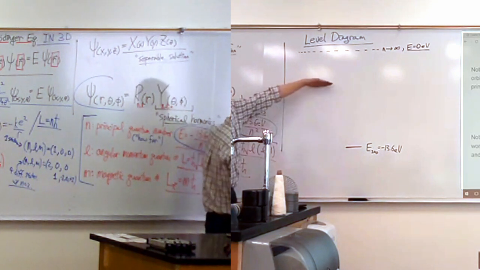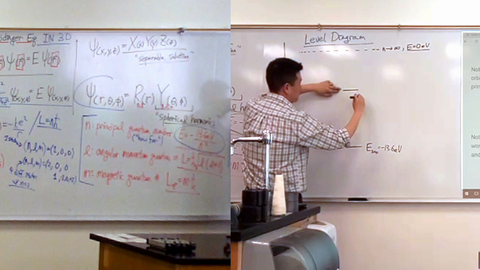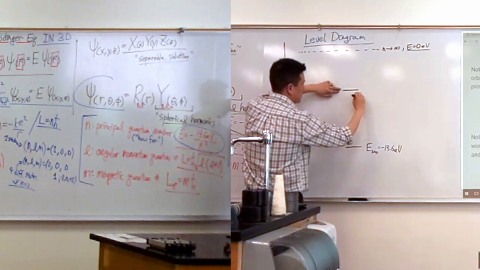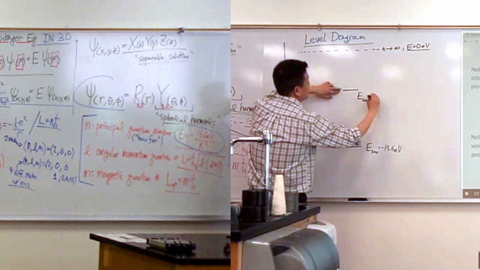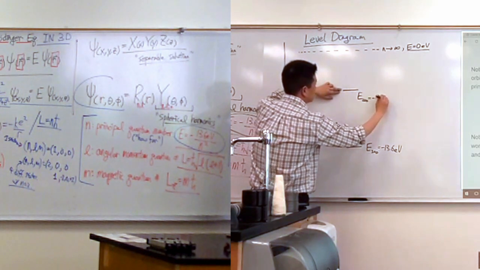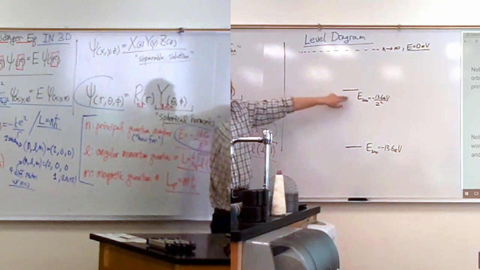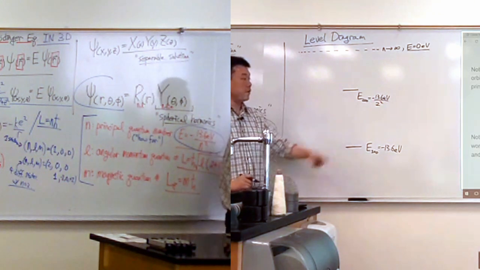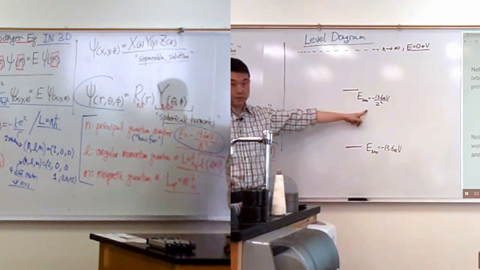So the next level up, it's a bit out of scale, I'll just draw it here. Let's say this stands for E200, equal to minus 13.6 eV divided by 2 squared. And this will be the same value of energy for E210, E21-1, E21+1.